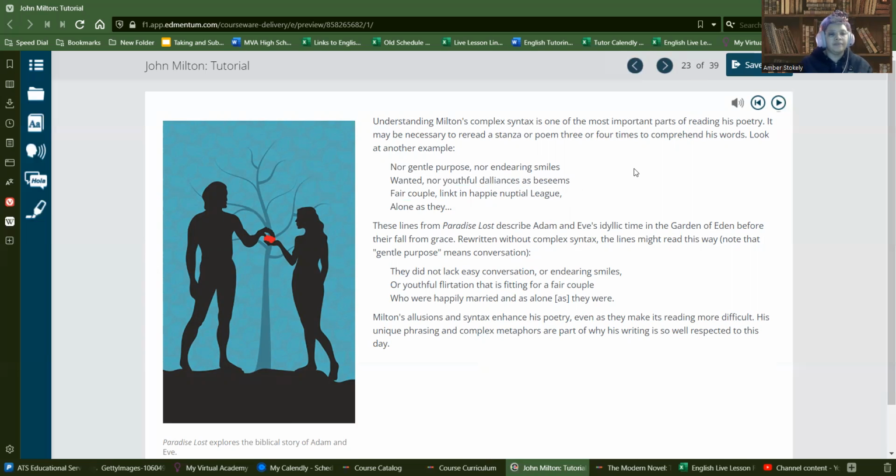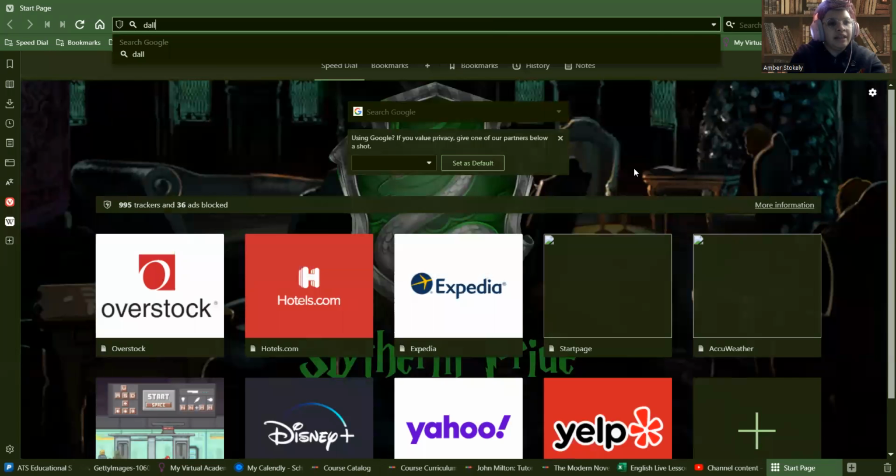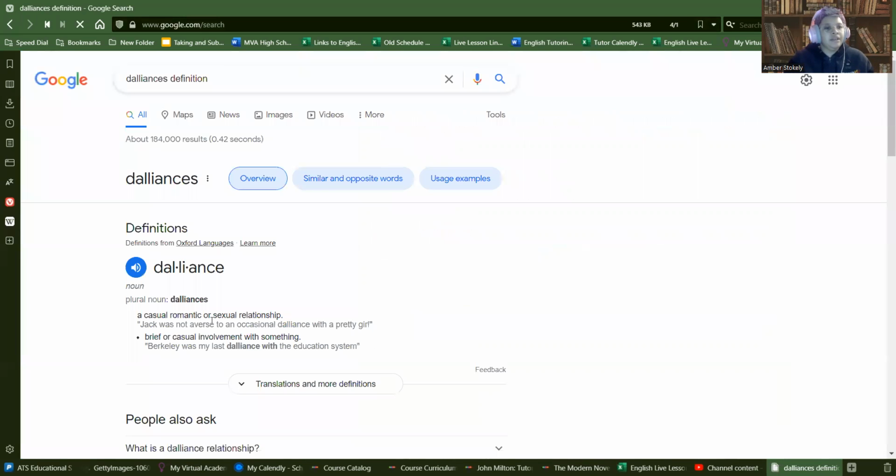I think the easiest way would be to look up "dalliances" if you were reading this on your own. I'm going to pull it up just to see. So "dalliances definition." And when you put that in, you get casual romantic or sexual relationship or involvement with someone. So this is basically flirtation, romance, that kind of thing.